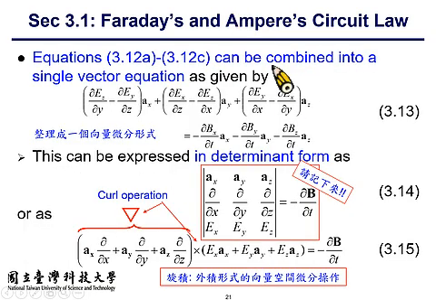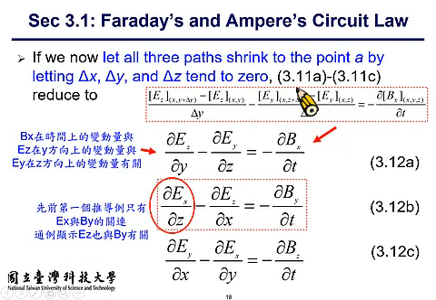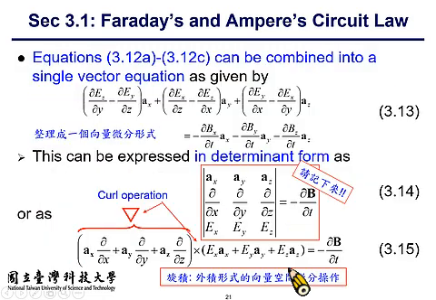All right. The three relationships we observed in equations 3.12a, b, and c are associated with the time domain variation of B in the x direction, y direction, and z direction. Those three equations can be collected to form equation 3.13, which writes this differentiation in vector form.